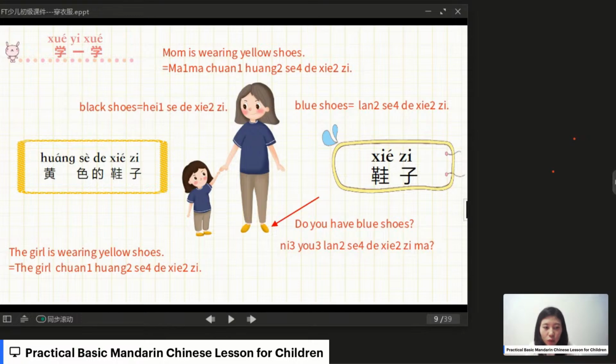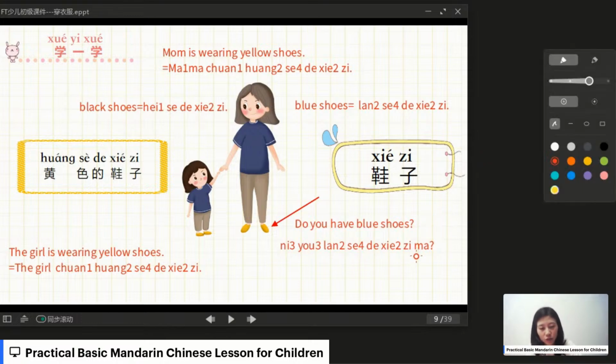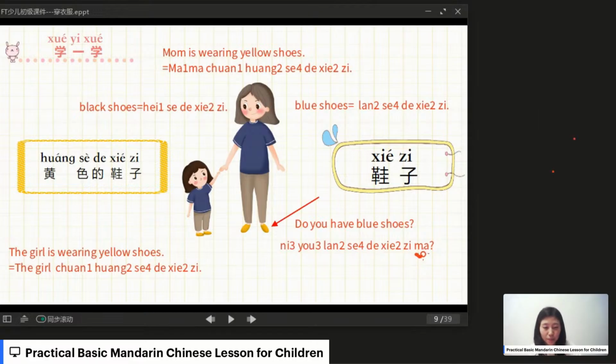So you can see here, when we ask people if they have something, we just use a very simple structure. We just put ma at the end of the sentence, and for the question sentence the verb would be have, right? Have in Chinese we say 有. So do you have is 你有, plus something, and we add ma.